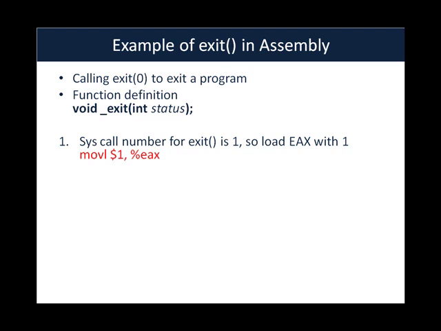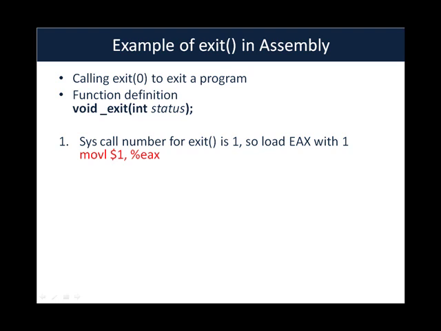As we remember from the previous slide, the syscall number needs to be loaded into the EAX register. How do we do that? We use the movl assembly language command for that. And because we want to load the number 1, that is described by $1.